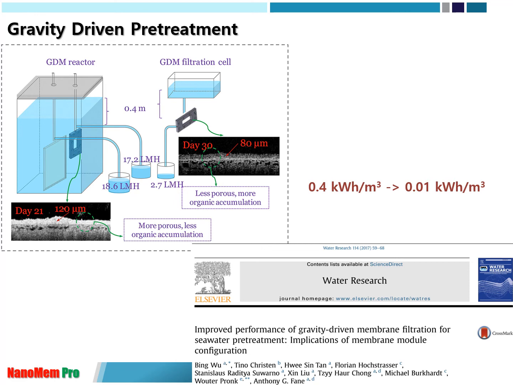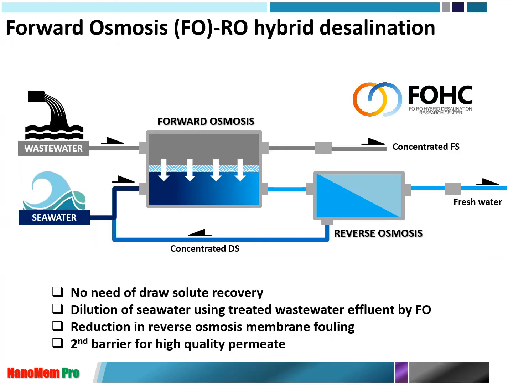The seawater overall turbidity is relatively very low and clean, so that we can operate our ultrafiltration or microfiltration using gravity-driven pretreatment, and we can save energy from 0.4 kilowatt hour per cubic meter to 0.01 kilowatt hour per cubic meter when you use gravity, because we don't use a pump, so we just use gravity with a small amount of pumping energy consumption, so that you can save a lot of energy using gravity-driven pretreatment.